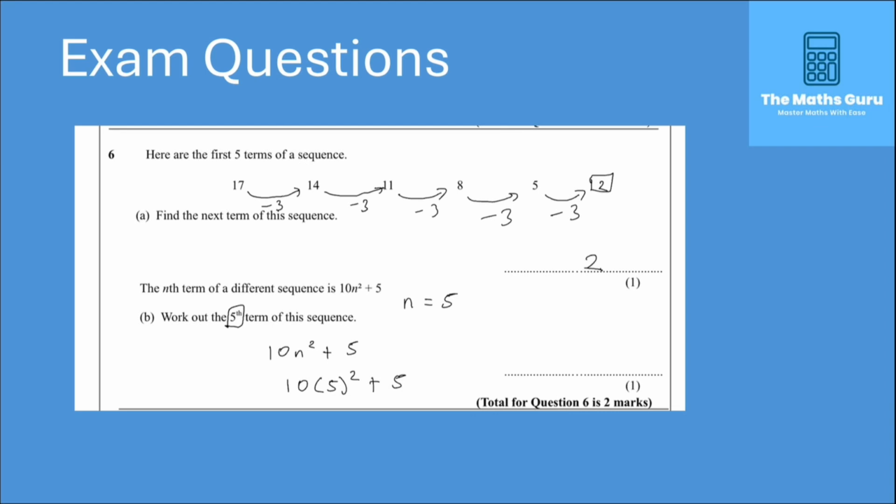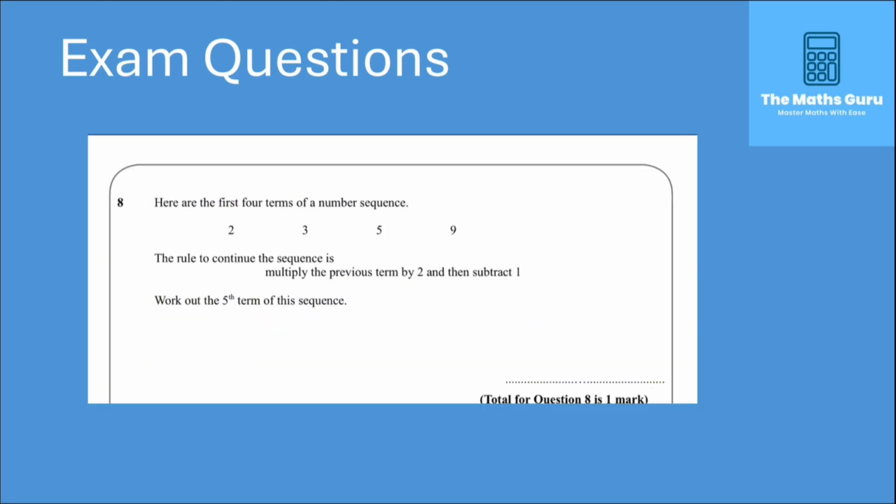Since the n is being squared, we first square that, so 10 times 25 plus 5, which is 250 plus 5. 255 is our answer.